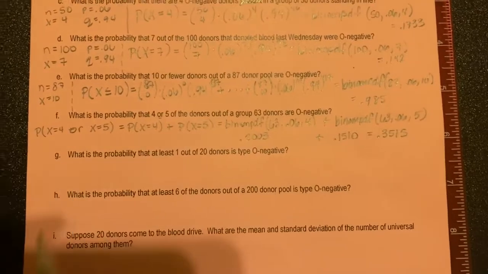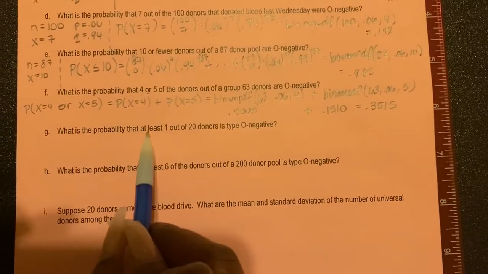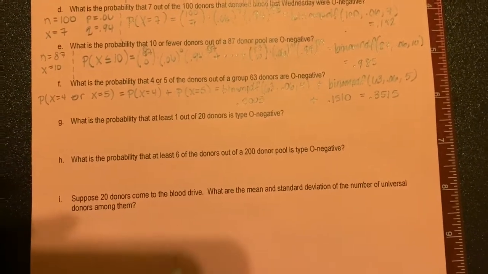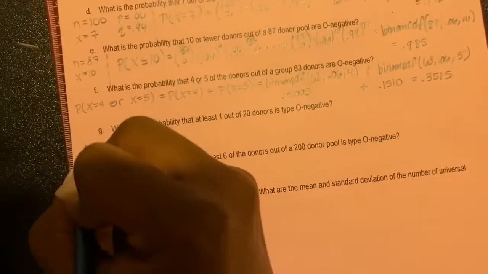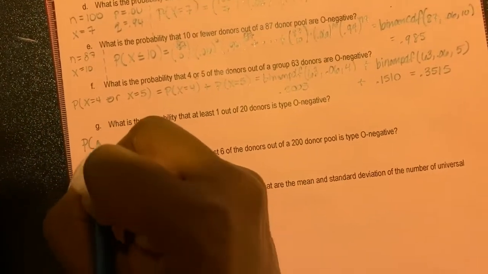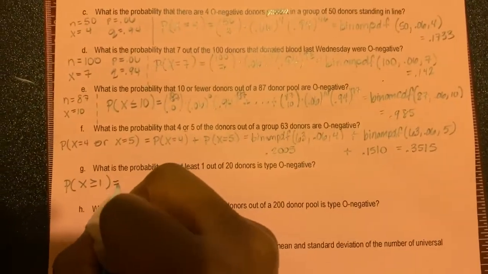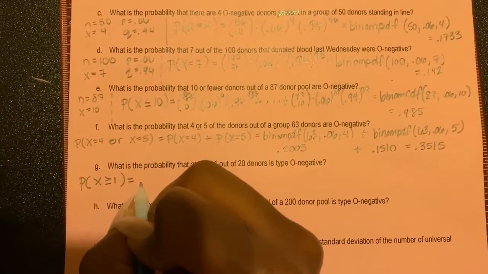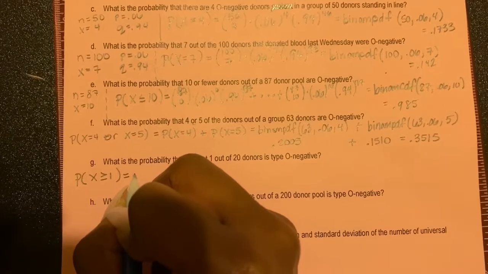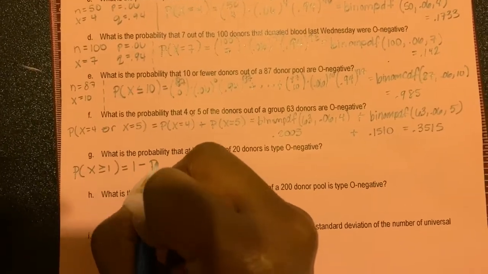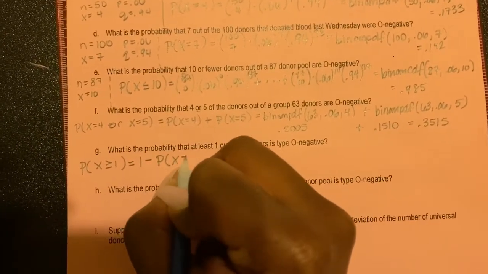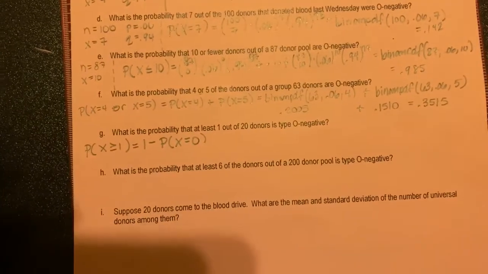All right, the next question says, what's the probability that at least 1 out of 20 donors? So remember, probability of at least 1, we had to do our complement. So 1 minus the probability that x is equal to 0.